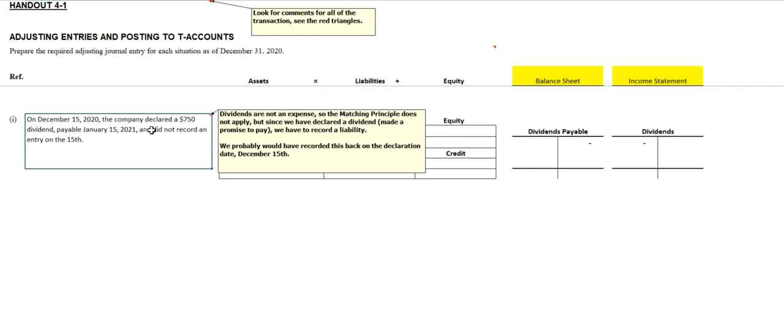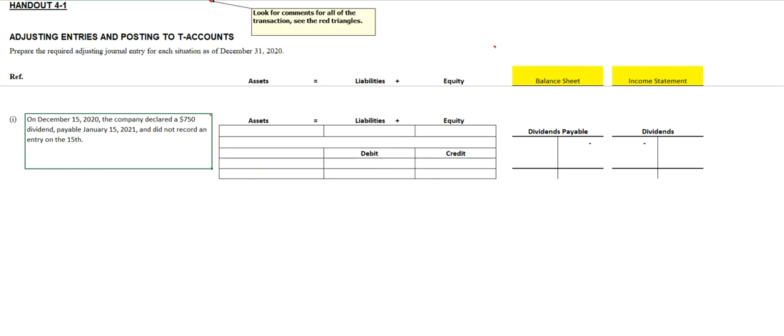So what are we told? On December 15th, the company declares a $750 dividend payable on January 15, 2021, and didn't record the entry. So again, as soon as we declare that dividend, it becomes a liability of the company. So we're going to need to record dividends as well as dividends payable.